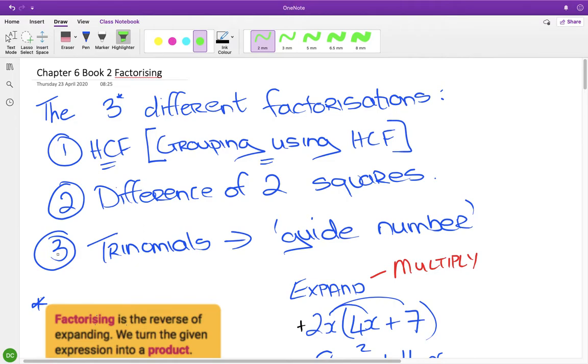So we're going to move on now to trinomials. There's a couple of different methods to do trinomials, like I said when I introduced it. Even if you look at your book, it goes through method 1, method 2, method 3.